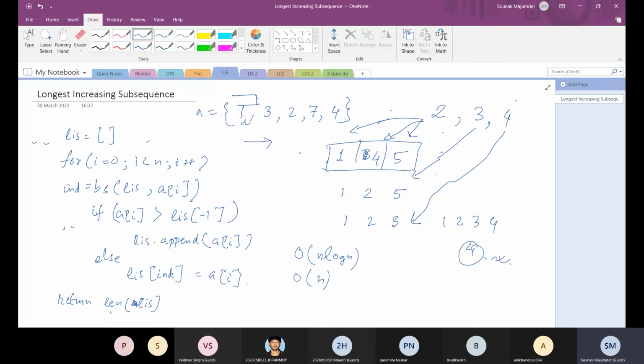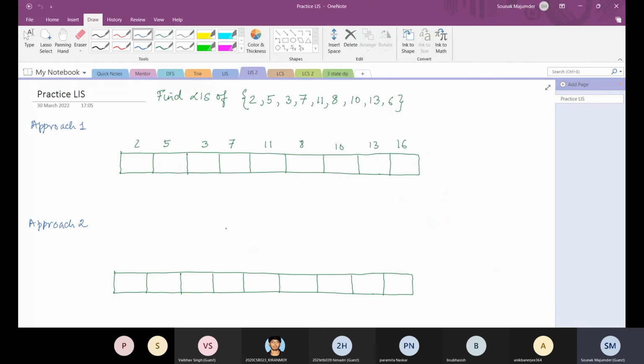Okay, so let's do one quick example. I have a sequence: 2, 5, 3, 7, 11, 8, 10, 13, and 16. I want you guys to just take a pen and paper, write down this array and try to solve it with me.